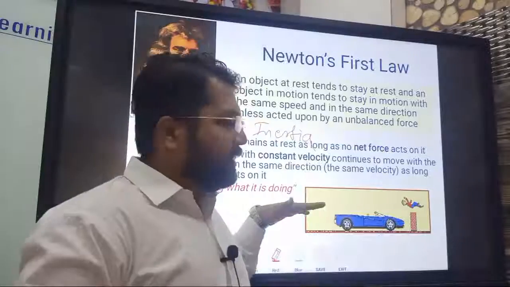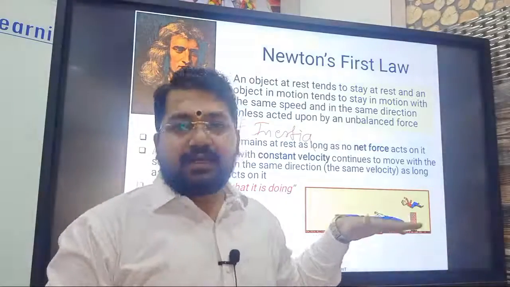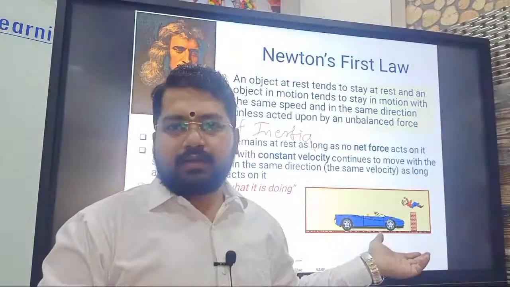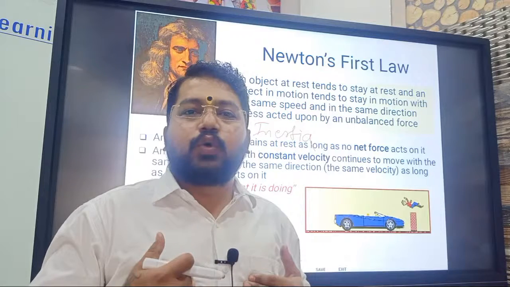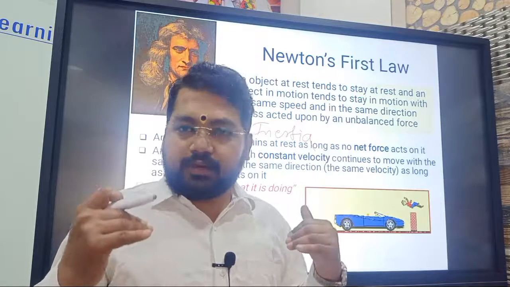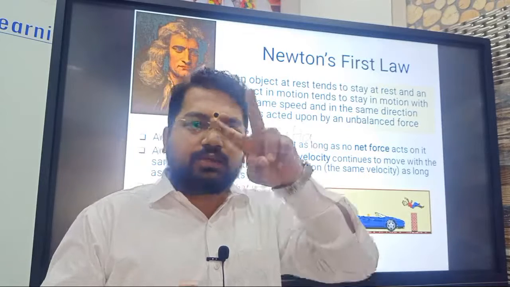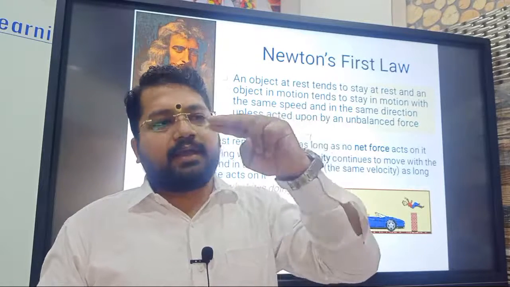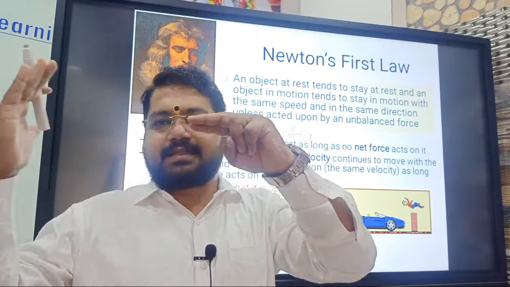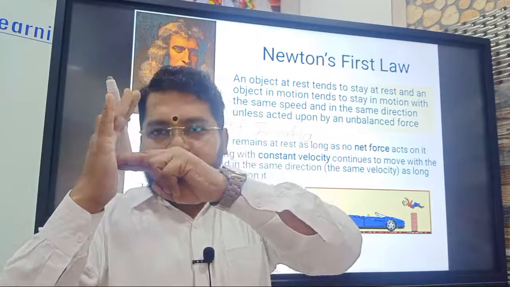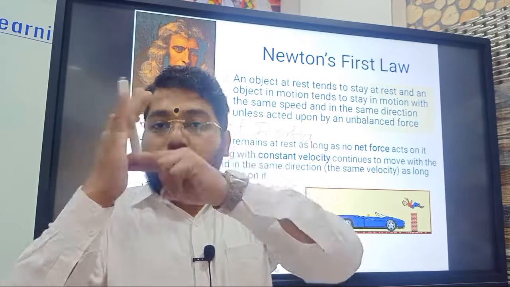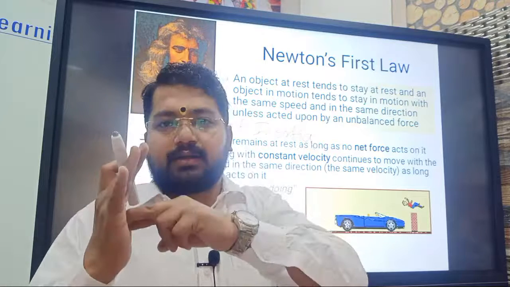Looking at this vehicle and the driver, both are moving at a constant speed. Let us take 60 km per hour. The person is in motion, and the car is also in motion. So both are in motion. Once the car hits the wall, that wall tends to stop the car.